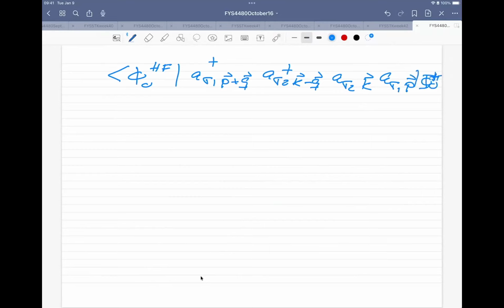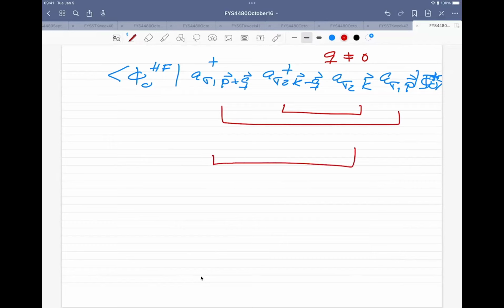So I'm skipping the summations. When we now look at this, we again have two possible sets of contractions. The first possible set of contractions is obviously this one. And now keep in mind that q is different from 0. And then we have the other one, which is this one. Okay. And then we can have the next contraction where we take these two.